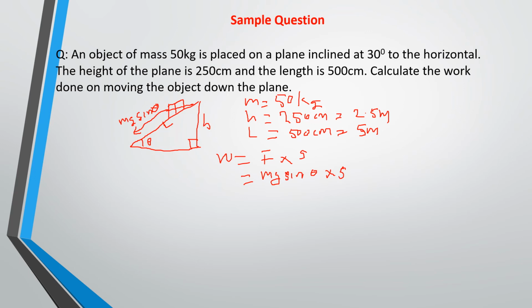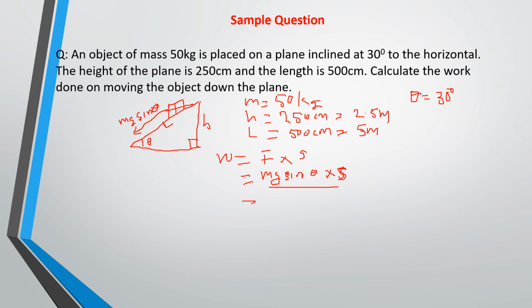The angle of inclination is given to us to be 30 degrees, that is, angle theta is equal to 30 degrees. You have already been given the length, so you already know the distance traveled. So what you are going to do here now is to substitute these values into this equation.